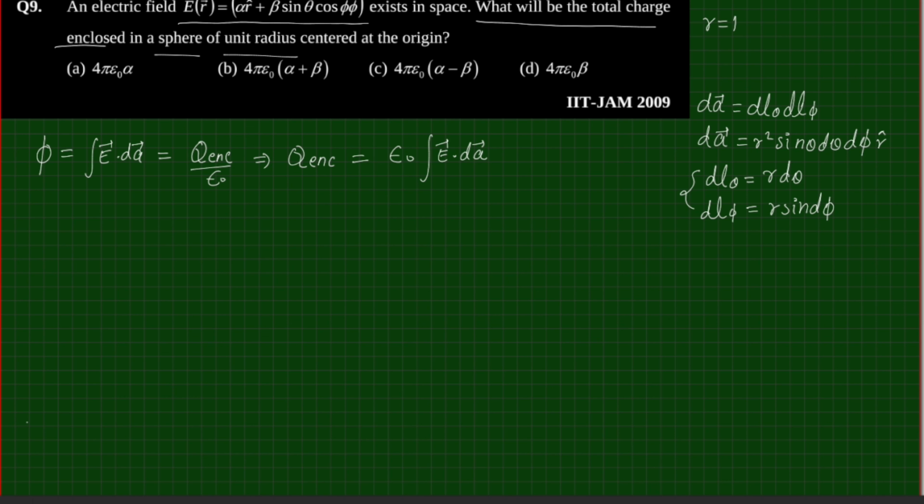So here Q enclosed will become epsilon naught times, put the value of electric field, a r cap plus beta sin theta cos phi phi cap, multiplied by r square sin theta d theta d phi r cap.